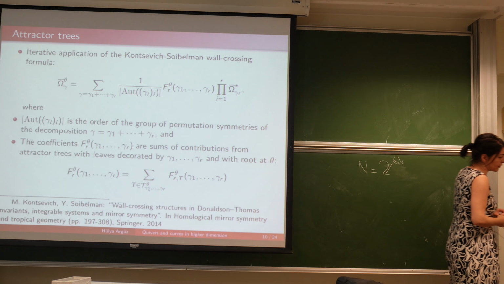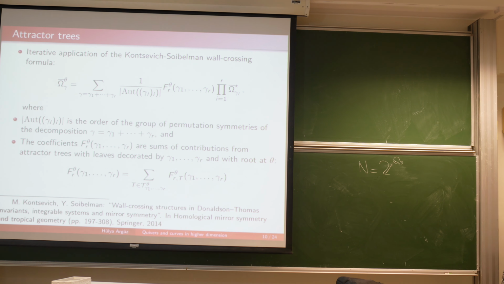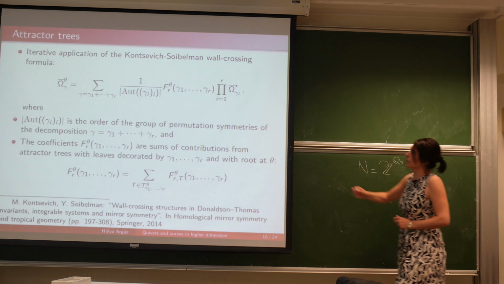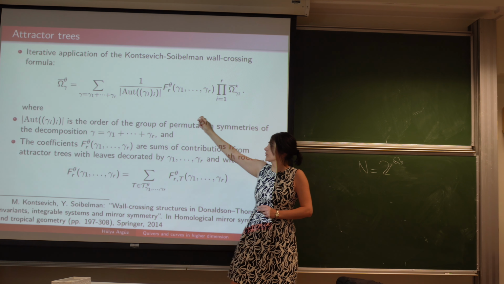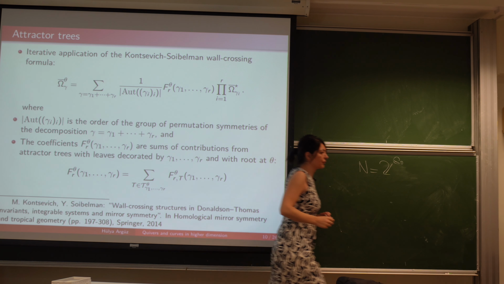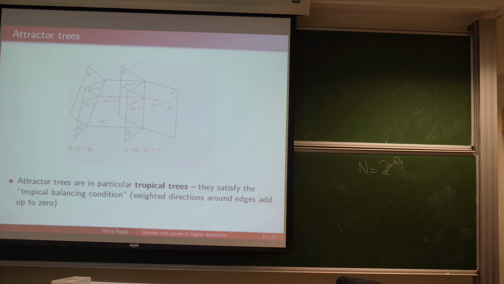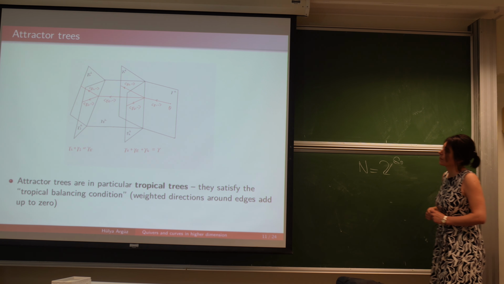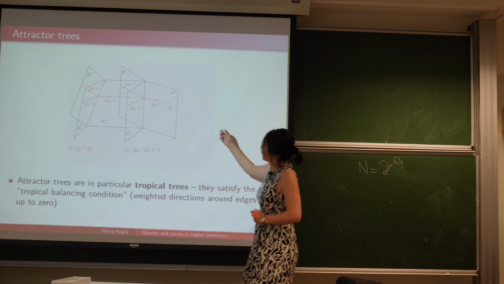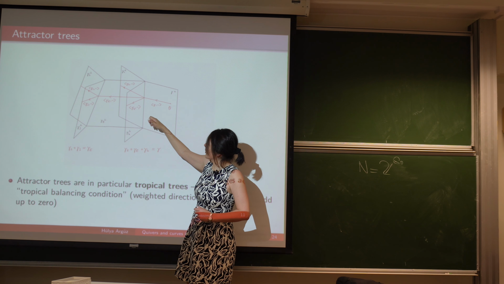So there is a way to express any DT invariant in terms of attractor DT invariants, and the difficult thing is to tell what the coefficients are in general. So these coefficients, F_R^theta, are given by sums over some coefficients associated to attractor trees.